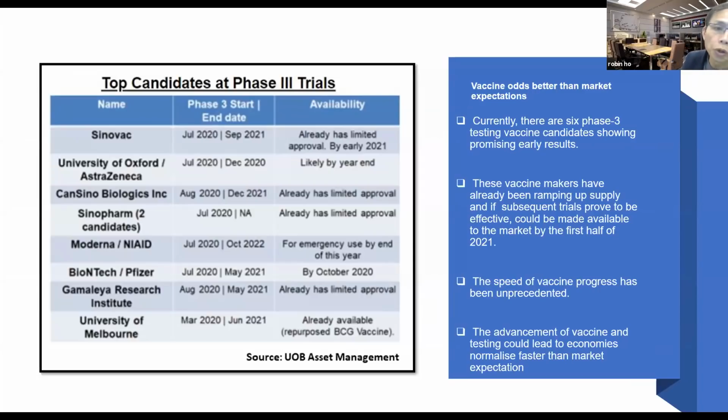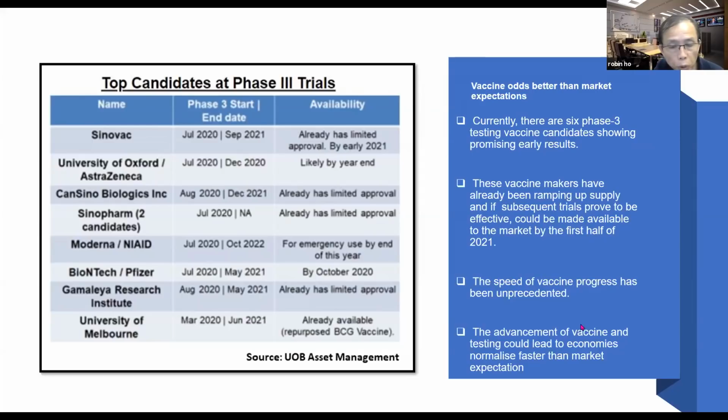But I think a vaccine will come sooner or later, because currently there are 6 phase 3 vaccine candidates already showing promising results. These vaccine makers are already ramping up supply, to be made available in the second half of next year.